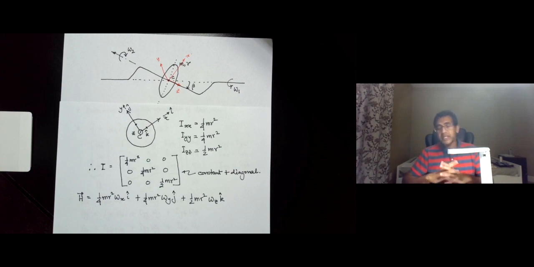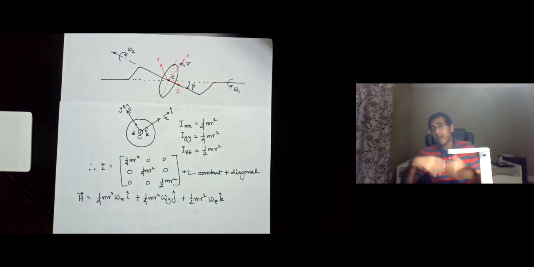We can show that any arbitrary orientation can be considered to be composed of three separate rotations: a rotation about a certain axis, followed by a rotation about a second axis, followed by a rotation about a third axis, and at the end of those three rotations you get this particular arbitrary orientation.